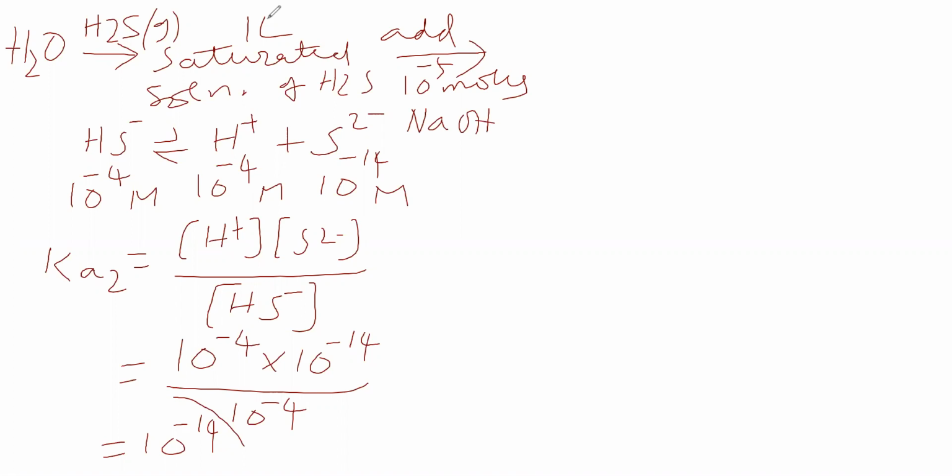This sodium hydroxide gives OH minus, which reacts with H plus to give water. H plus is 10 power minus 4 moles. OH minus we are adding is 10 to the power of minus 5 moles. So OH minus is reacting completely.